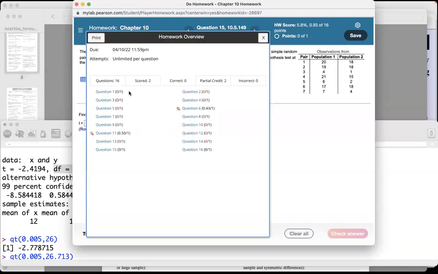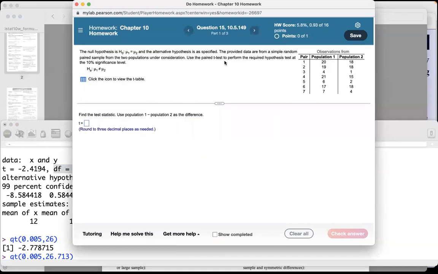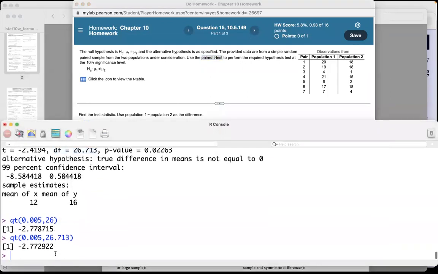So it looks like questions 15 and 16 are about differences. So here, if these are paired t-tests, and I know that because it says use the paired t-test, there's two ways to do these problems. Here the data is nice enough that I can just input the data directly.